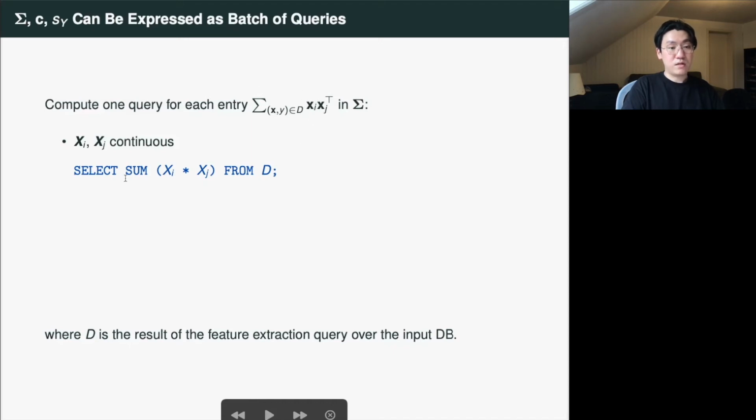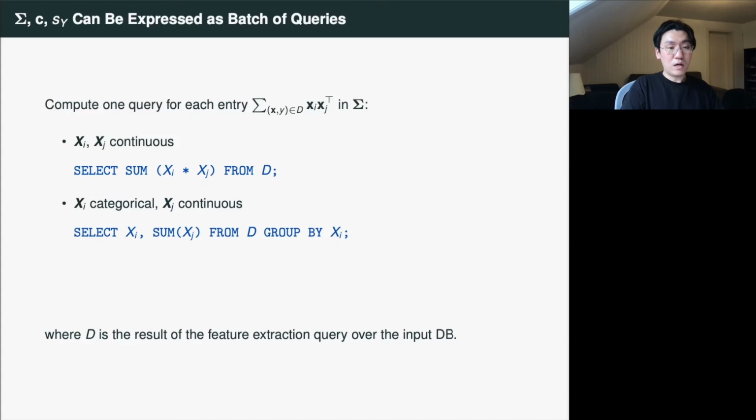We can use the sum product query, select sum of xi times xj from D, to compute the value for this entry. D is the result of the feature extraction query over the input relations, in other words, the training dataset.